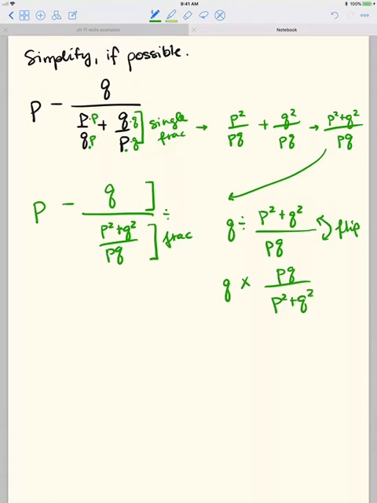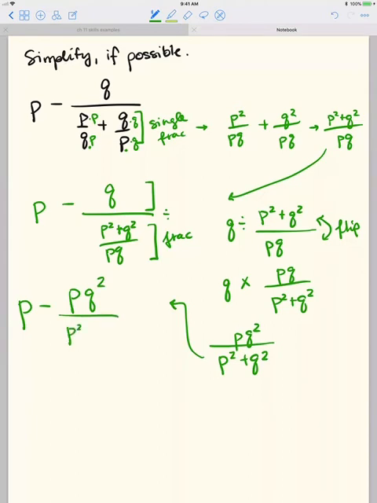So the top becomes pq squared, and the bottom becomes p squared plus q squared. Okay, so now we have p minus that prettier fraction, p minus pq squared over p squared plus q squared.